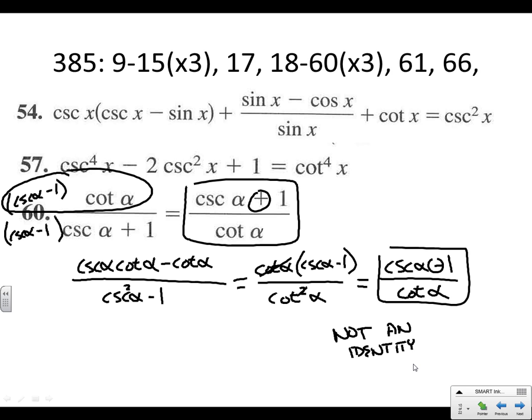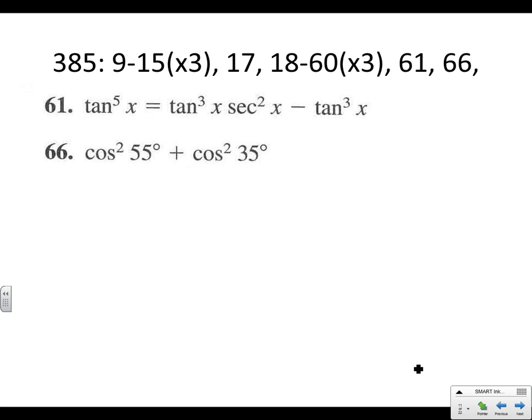All right, let's bring this home with number 66. Cosine squared of 55 plus cosine squared of 35. We're going to go to our complementary formulas here. Cosine squared of 55 plus cosine squared of, another way of writing 35 is 90 degrees minus 55 degrees.